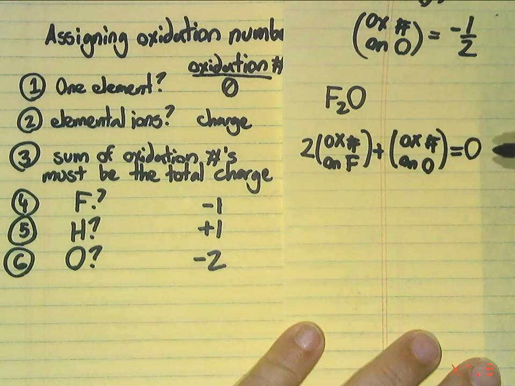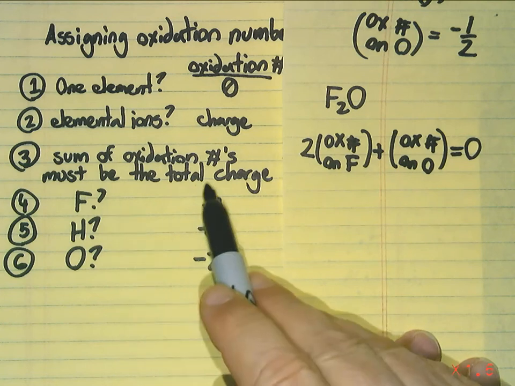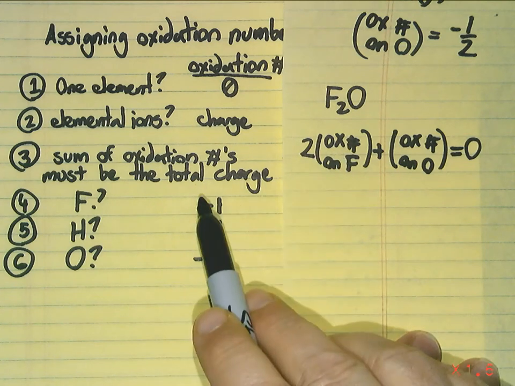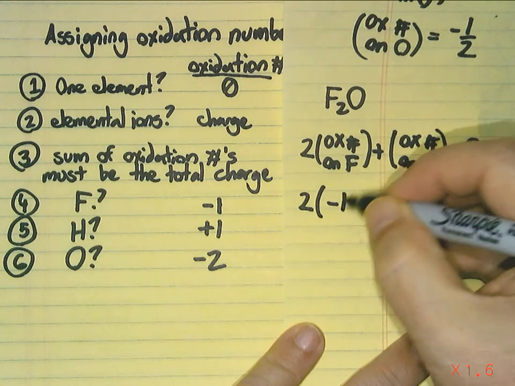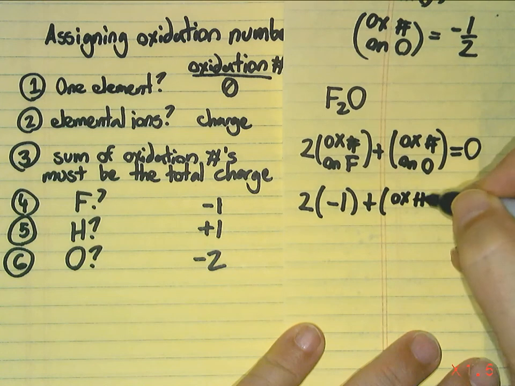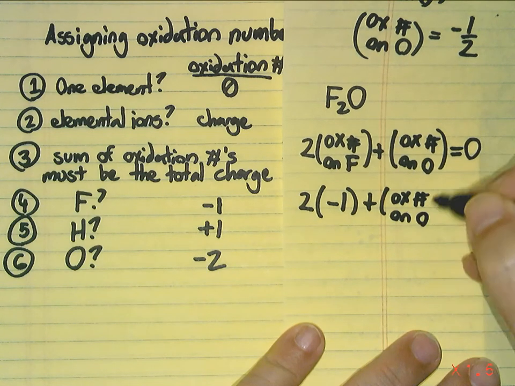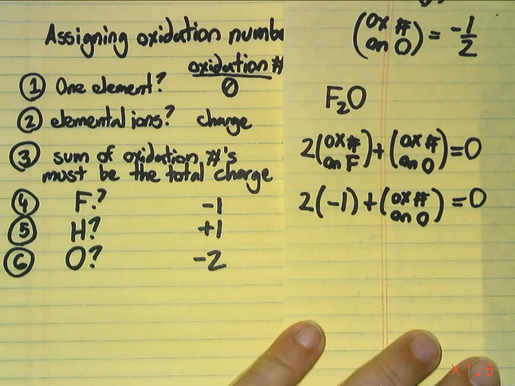Okay, I got to go further because I have 2 unknowns here. I go down to the next rule. It says, got any fluorine? Yes, I do. So I can put a -1 on that. Okay, that's enough to give me the oxidation number on the oxygen. I don't need to go any further.